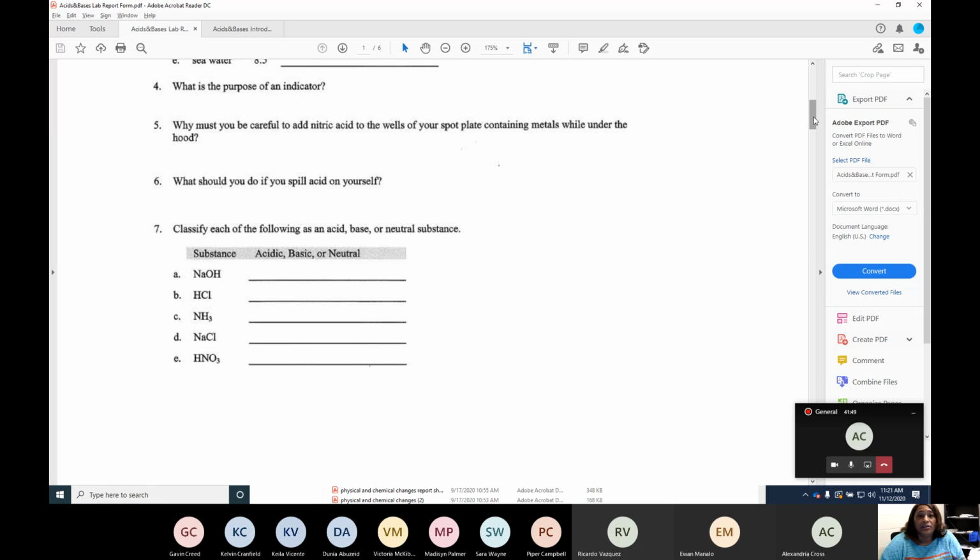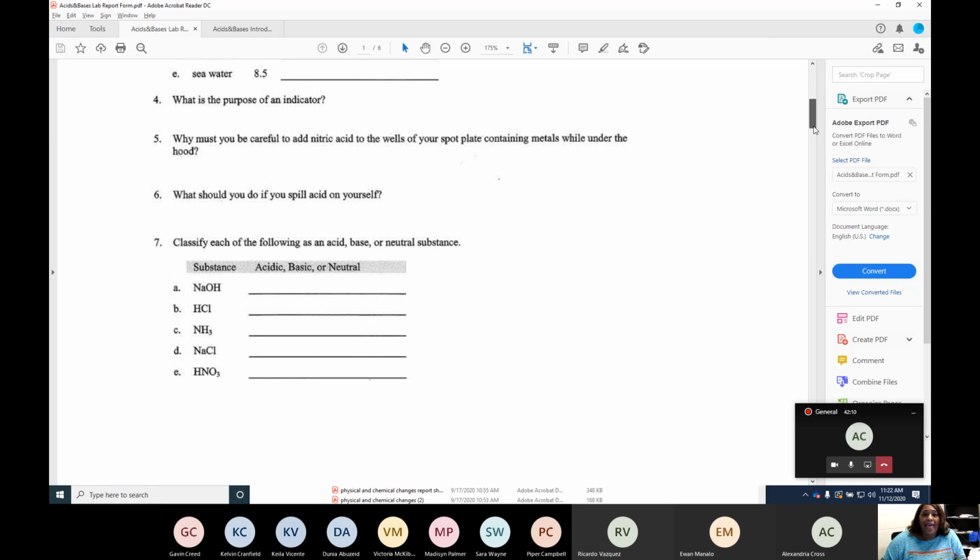Whereas if we didn't do the reactions underneath the hood, those toxic gases would stay in the room. And so that's why you would want to do a nitric acid reaction with metals underneath a fume hood for proper ventilation, so that you don't fill the room up with toxic gases.